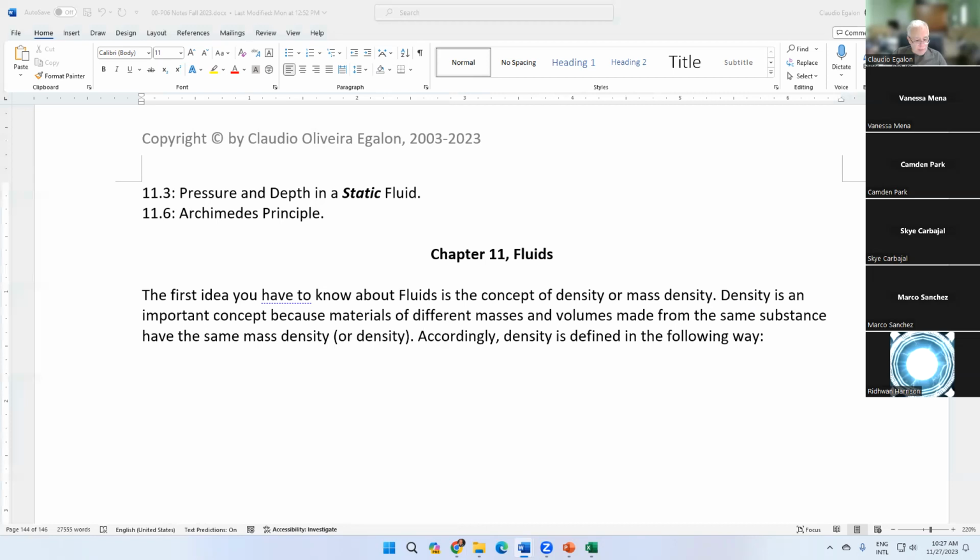And the definition of density is given by the mass of the object divided by its volume. If you do a dimensional analysis, you find that in the SI system of units, density has a unit of kilogram per cubic meter.